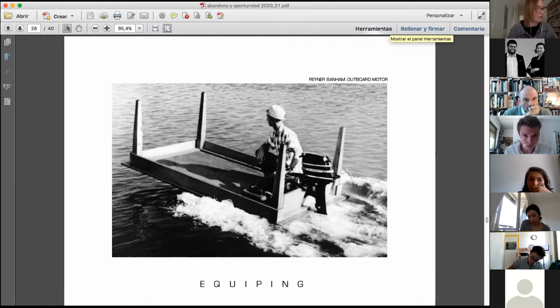With this, the object improves its qualities and even offers more services than in its original condition before its repair. Reyner Banham also alludes to this with the idea of incorporating an outboard motor that allows converting almost any object into a boat capable of navigating.